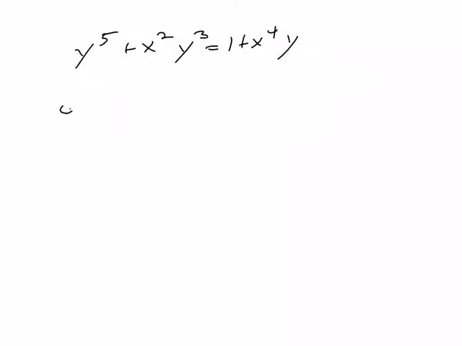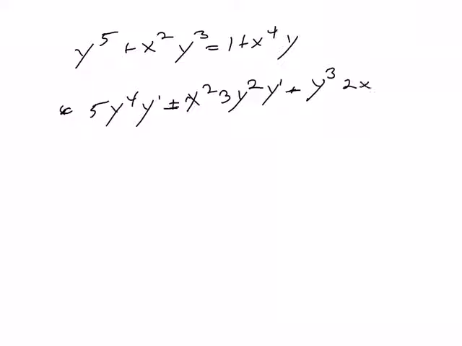So we're going to get 5y to the 4th power y prime is equal to x squared 3y to the 2nd power y prime plus, not equal, plus y to the 3rd power 2x, that's that, is equal to 1 vanishes, and then we get x to the 4th times the derivative of y, which is y prime, plus y times the derivative of x to the 4th, which is 4x to the 3rd.